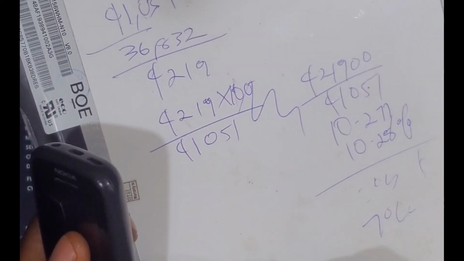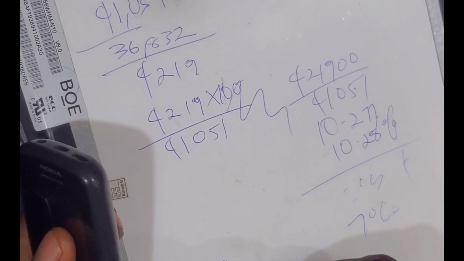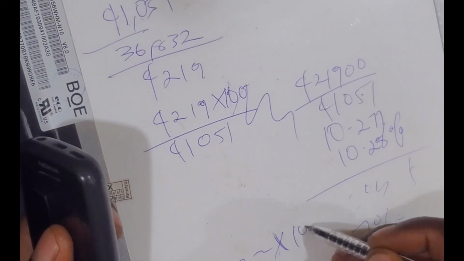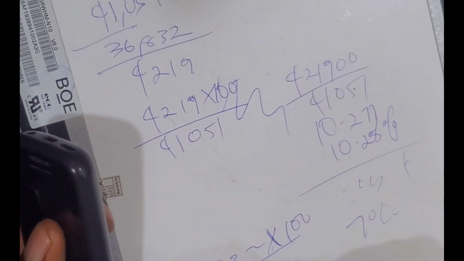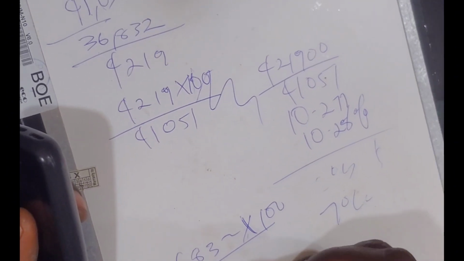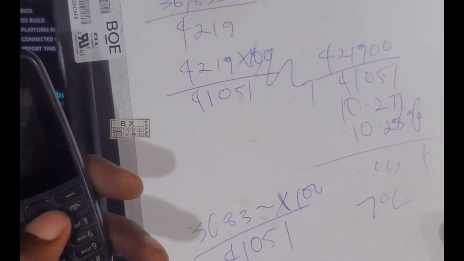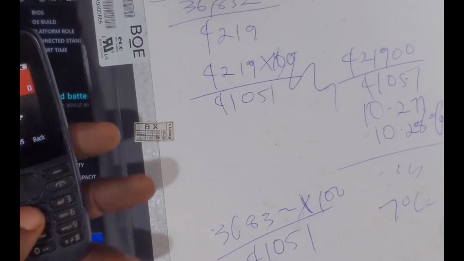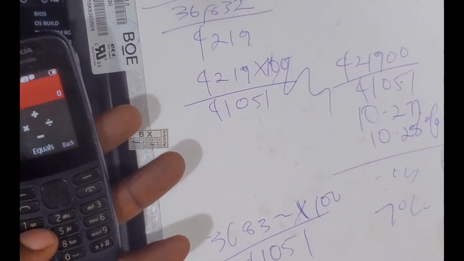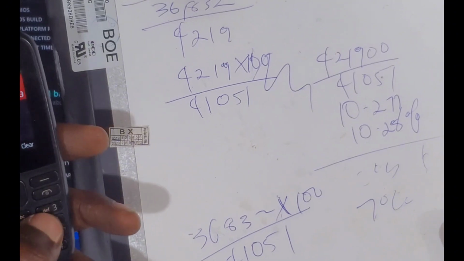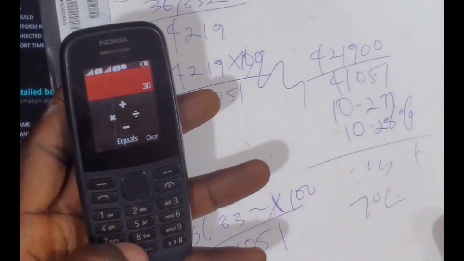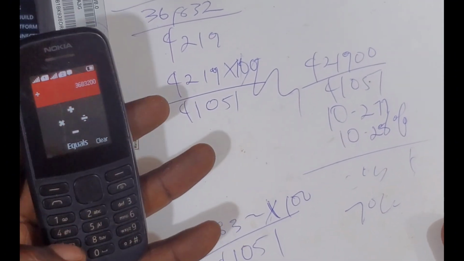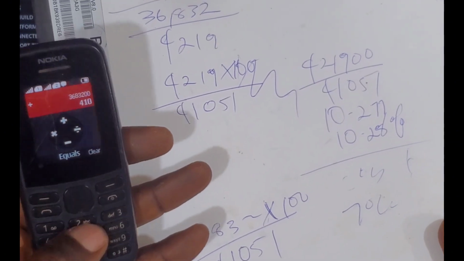So it's going to be 36,832, times 100 divided by the same 41,051. It's basically going to give the same result, right? So let's see. This is 36,832 divided by 41,051.